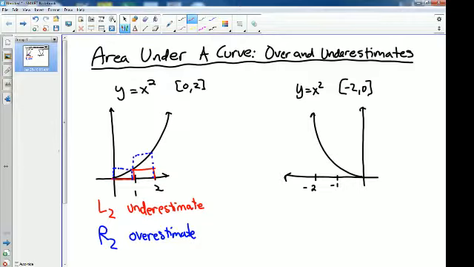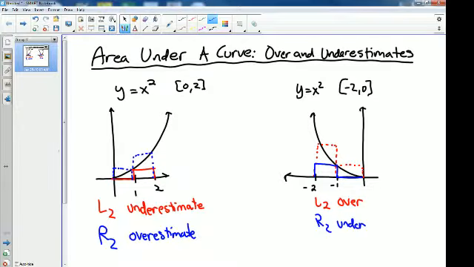So yeah, you're catching on here. L2 will be an overestimate here because it has to go over the graph, right? Okay, and then R2 would be an underestimate. Correct.